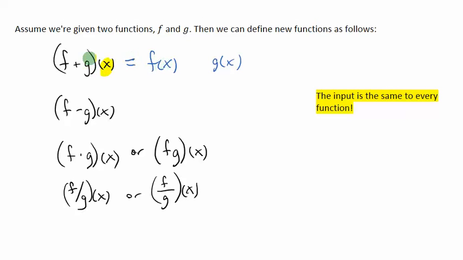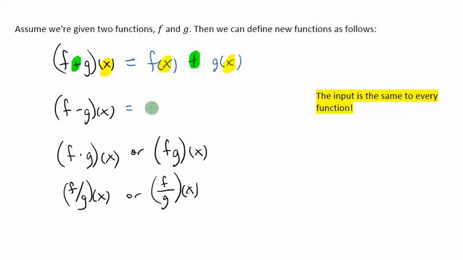X is the input to the f plus g machine, x is the input to the f machine, and x is the input to the g machine, and then each of those calculates their own outputs. And then, so you feed x to f, you feed x to g, and then because this is a plus, you add those two outputs together, okay?